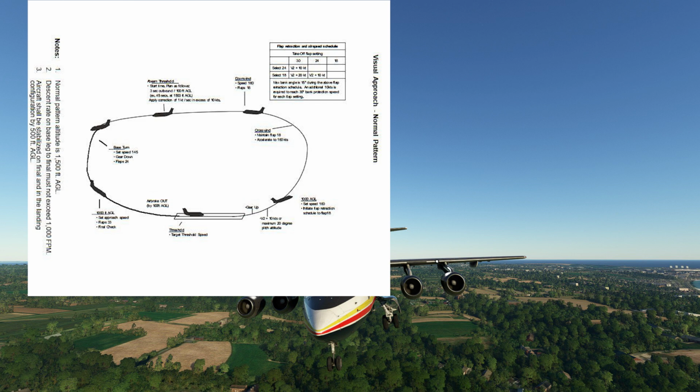In any case, by the time you reach the base leg your gear should be down, you should be at around 145 knots, and flaps extended to 24. By the time the aircraft turns onto final, it should be at 1000 feet, full flaps, and on approach speed.